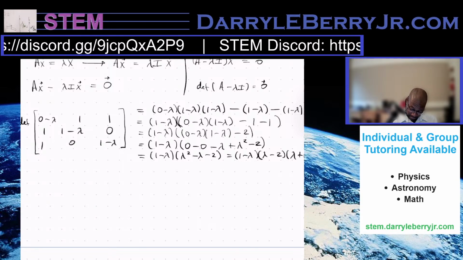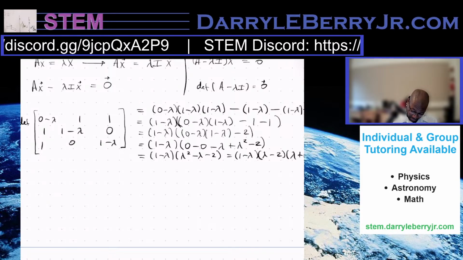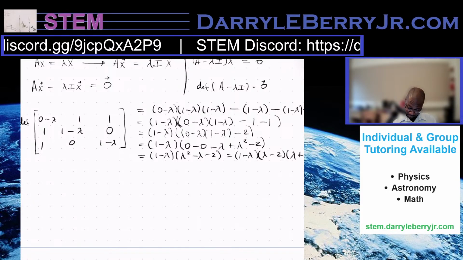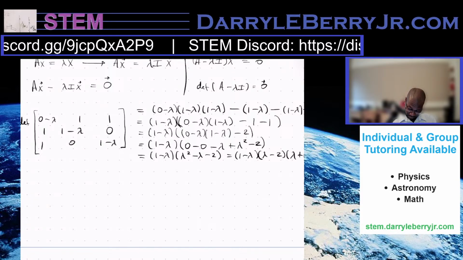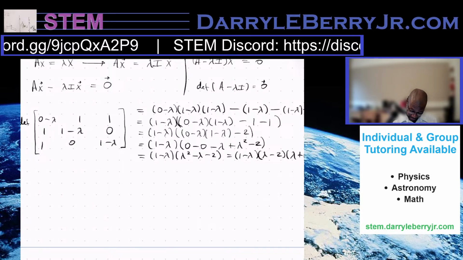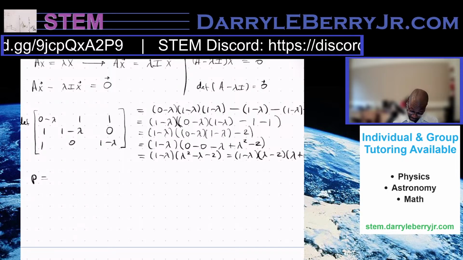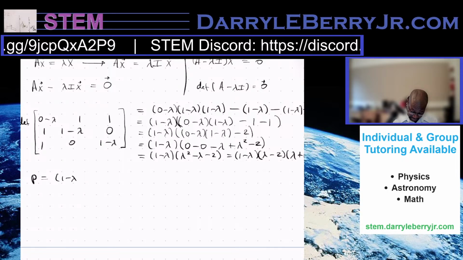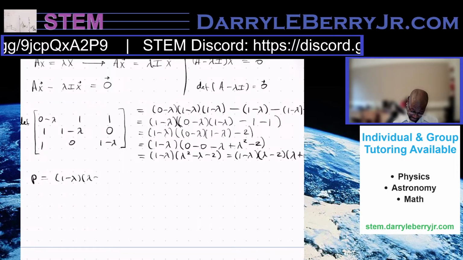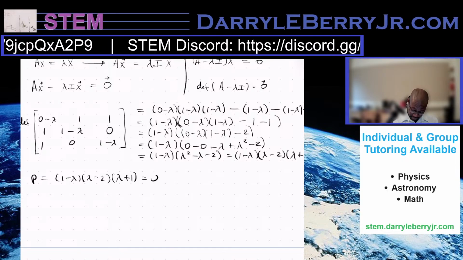So this would be the characteristic equation. But, well, I guess all of these is a characteristic equation. So P equals (1 minus lambda)(lambda minus 2)(lambda plus 1) equals 0.